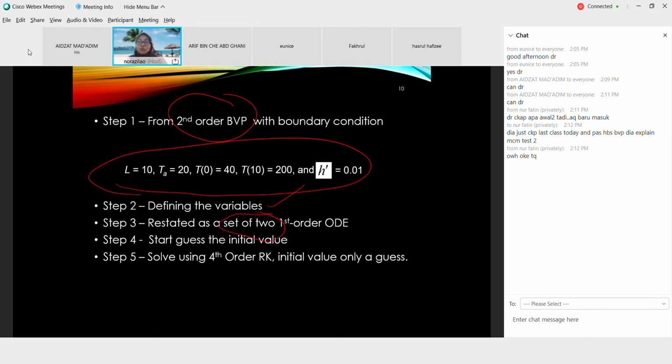You need to have two sets of first order equations. Then step number 4, start guessing the initial value, so you guess x equal to 0 and so on. Then step number 5, solve using fourth order Runge-Kutta, or Euler.